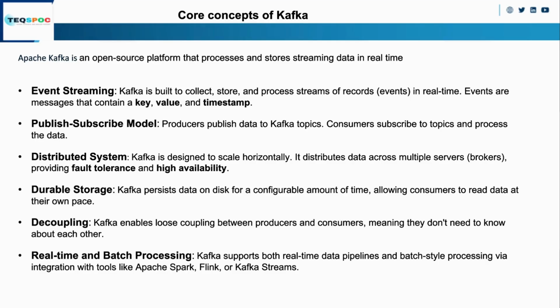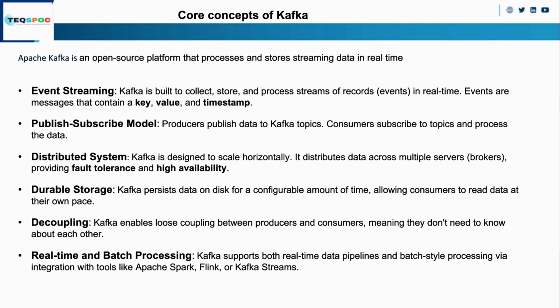These containers are known as the brokers. These brokers are the servers where you get some amount of RAM, disk, and so on. Combining all the brokers gives the Kafka cluster. So the Kafka cluster consists of all the brokers individually, and it is designed to scale horizontally.